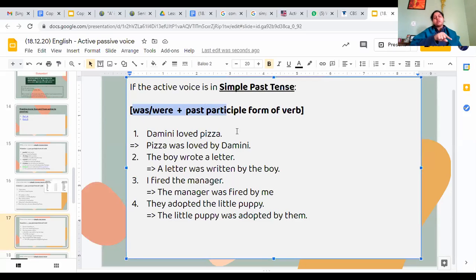Is it simple present? What is the tense? That you have to identify. Once you do that, you quickly recall कि table में कैसा था, इधर से ऐसे conversion होना है, simple past में ये बन जाता है, was, were and past participle. Once you get that, you can easily convert it. I know सुनने में मुश्किल लग रहा है, but the only way to achieve that is through a lot of practice. ठीक है? The more you practice, the more you will easily memorize the whole table.